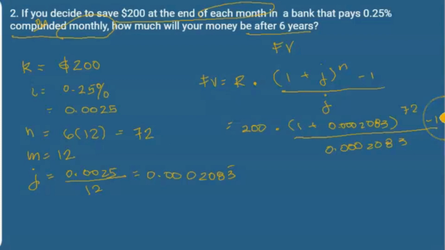Let's use our scientific calculator, and we'll get an answer of $14,507.